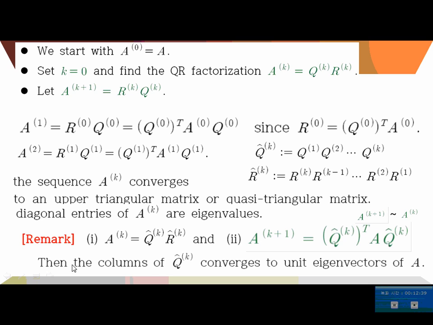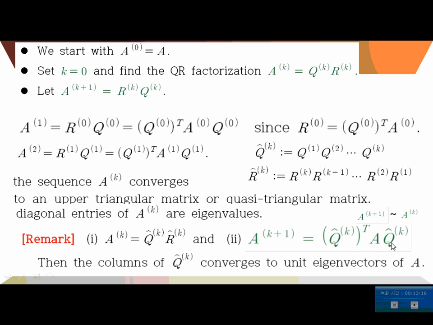Also, the columns of Q hat_k converge to the unit eigenvectors of A. From here you can assume that, since A times Q hat_k is equal to Q hat_k times an upper triangular matrix like this, the columns of this matrix act like the eigenvectors.